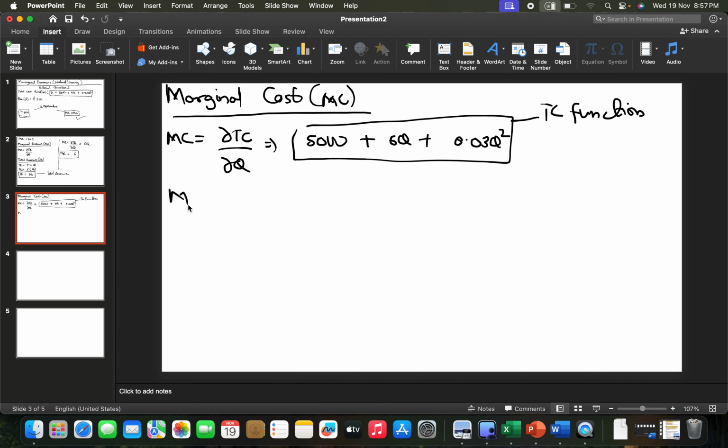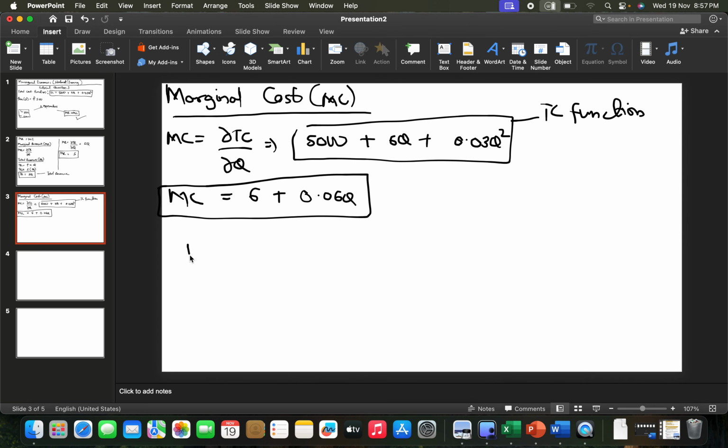So differentiating, the first one is 0. The next one gives us 6. Then plus 0.03 times 2 gives us 0.06Q, since 2 minus 1 is 1, we don't have Q exponent 1, it's just Q. So this is marginal cost.